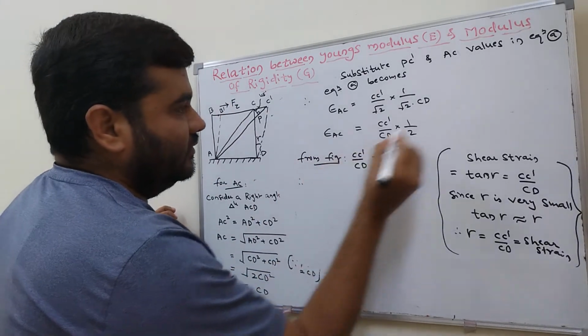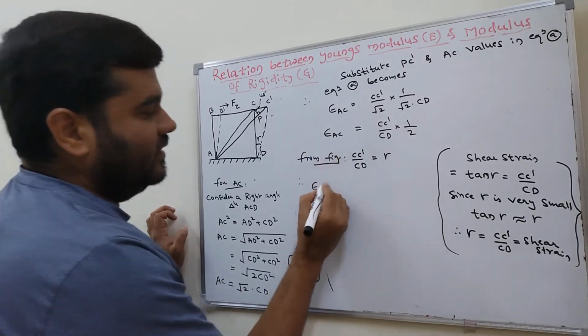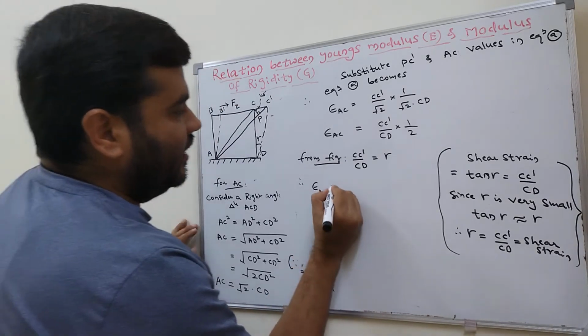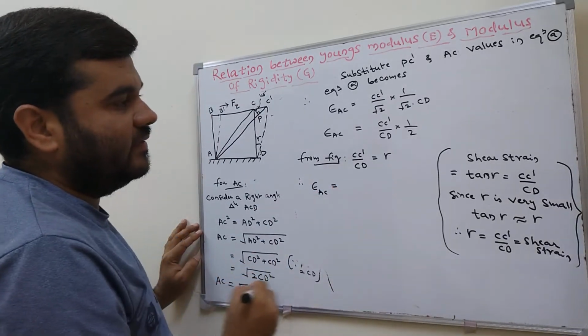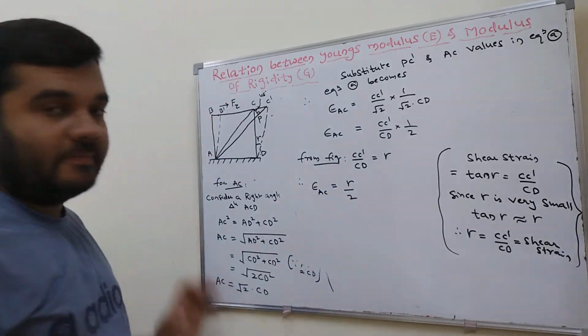Therefore, substitute. Strain in diagonal AC equal to, how much are we getting here? Gamma shear strain divided by 2.